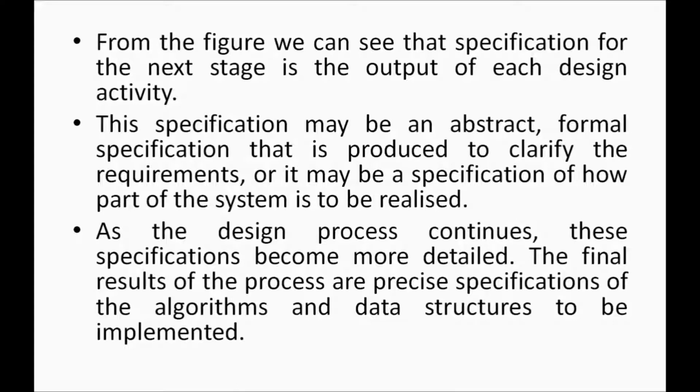You can't take an erroneous, wrong specification document and produce a design. No. Whatever specification you are taking is a formal specification. It is not informal. It is produced to clarify the requirements. So this is the formal requirement document. No errors are there here.